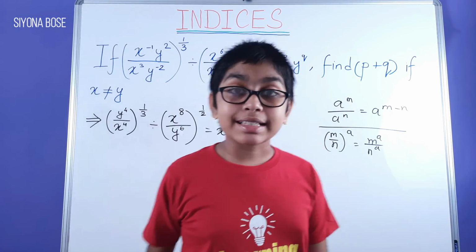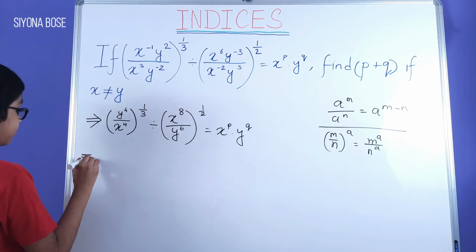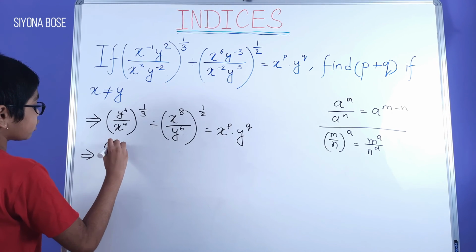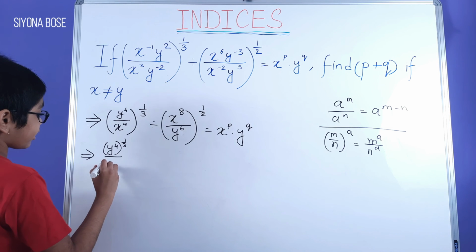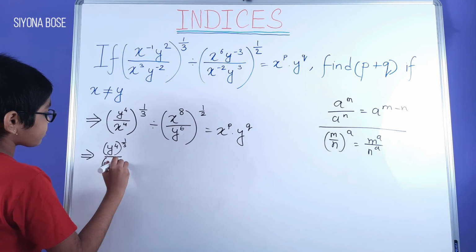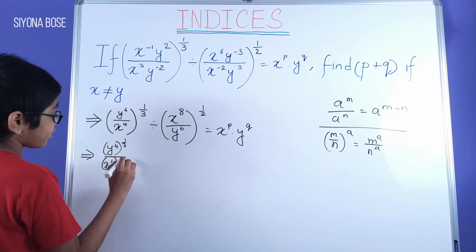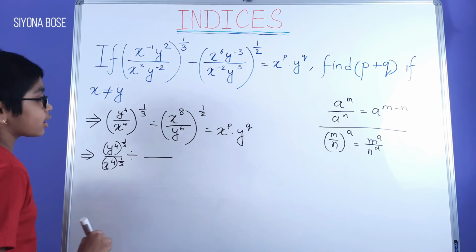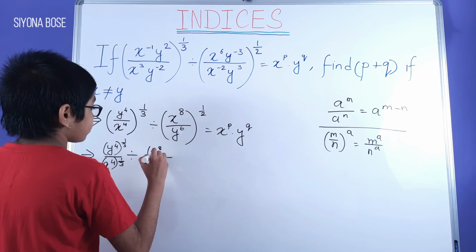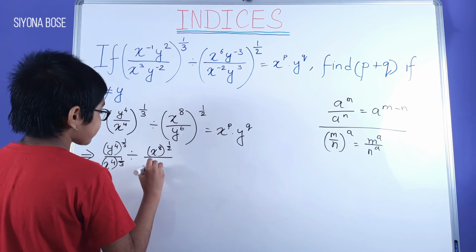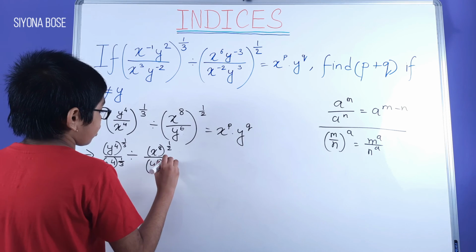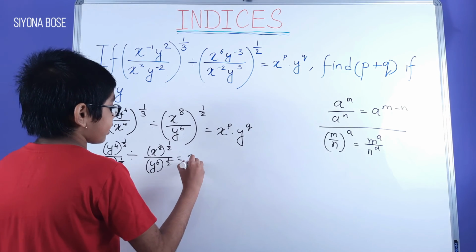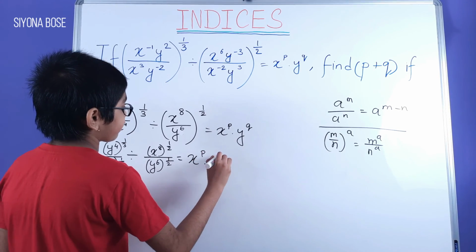So we can write it as y to the power of 4 whole to the power of 1 by 3, x to the power of 4 whole to the power of 1 by 3, divided by x to the power of 8 whole to the power of half, y to the power of 6 whole to the power of half, equal to x to the power of p into y to the power of q.